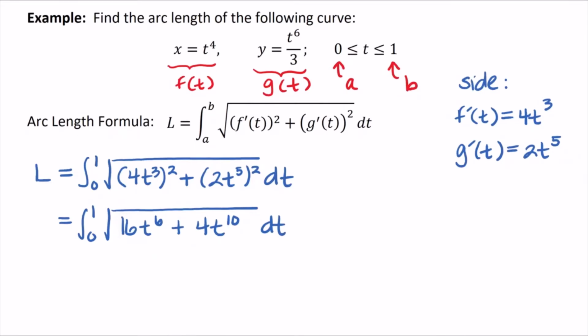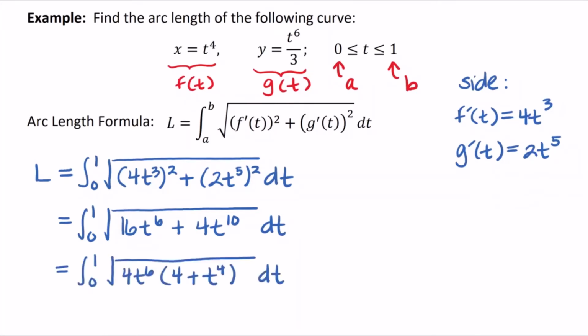At this point, our integral illustrates that these arc length integrals are generally difficult, and we need something nice to happen to be able to integrate exactly. In this case, we can factor out 4 times t to the sixth from both terms under the radical.